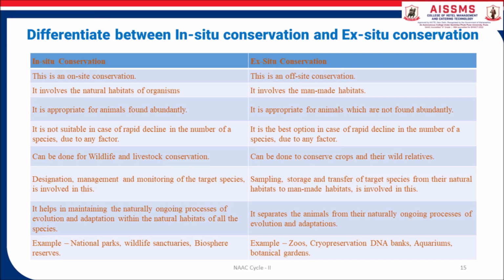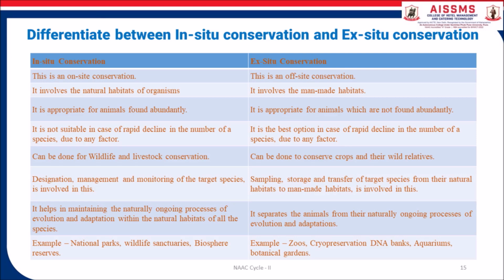In in situ conservation, designation, management and monitoring of the target species is involved, and in ex situ conservation, sampling, storage and transfer of target species from their natural habitat to the man-made habitat is done.